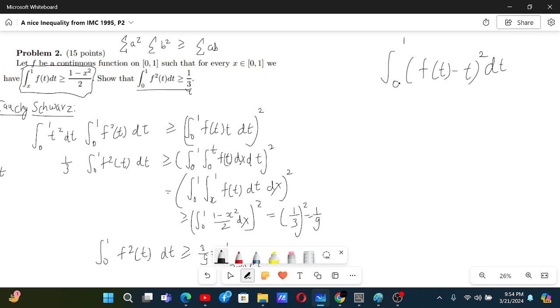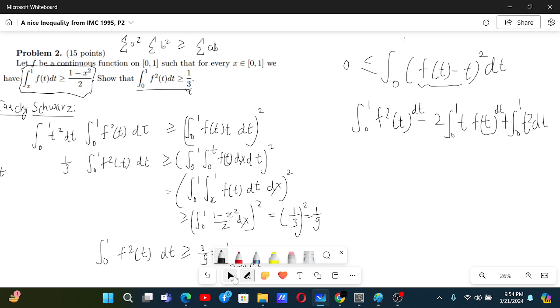Since the integral is going from left to right and this height is positive, the overall value will be positive. It is greater than or equal to 0. Now this integral is the integral from 0 to 1 of f squared t, minus 2 times the integral from 0 to 1 of t f of t, plus the integral from 0 to 1 of t squared dt. Also add dt in all of them. This is greater than or equal to 0.